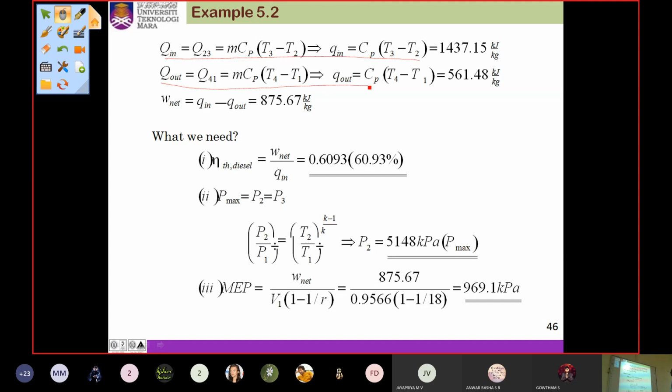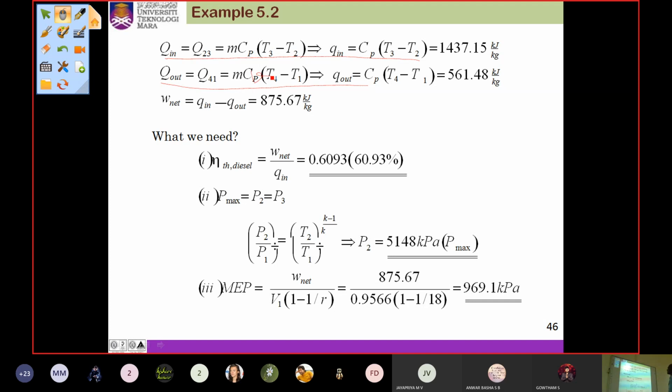So m Cp delta T for heat addition. It is not Cv, it is Cp. For the constant volume process of the heat rejection, we have m Cv delta T. Right.